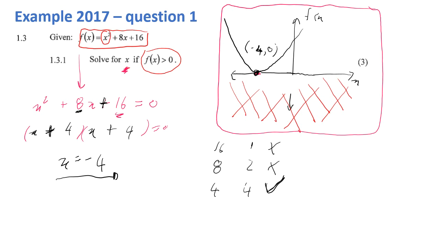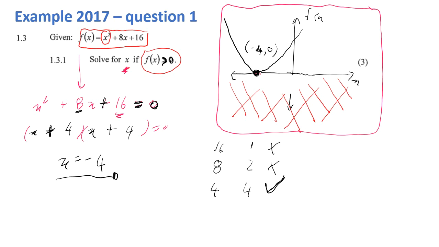Let me see, what can I say then further? It has to be larger than 0. So it's not including that point, right? Because at that point, the function value is 0. That's what we used to compute it here.